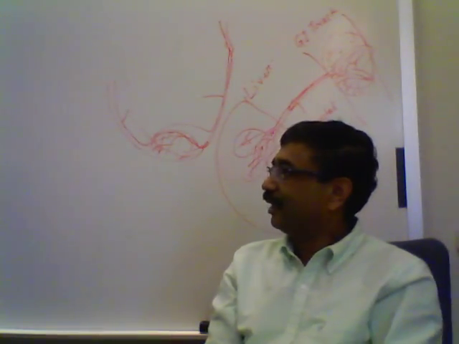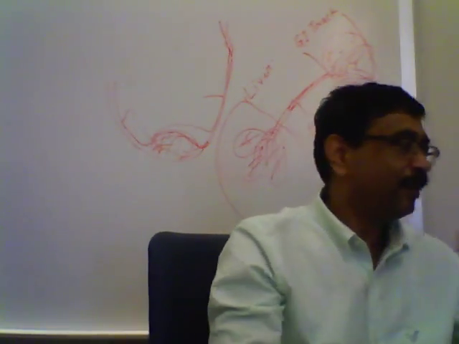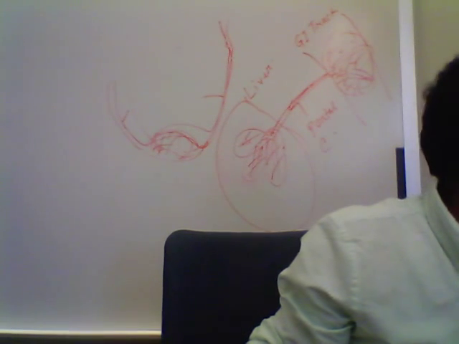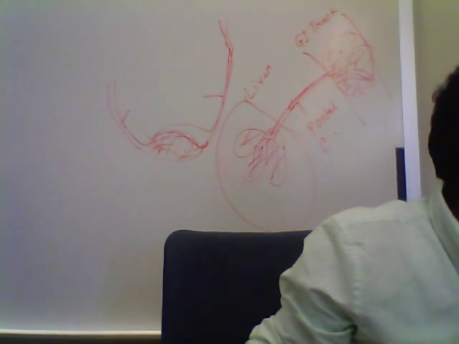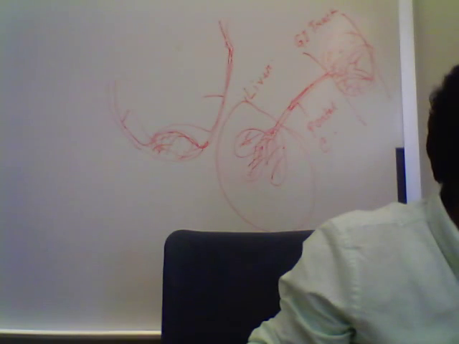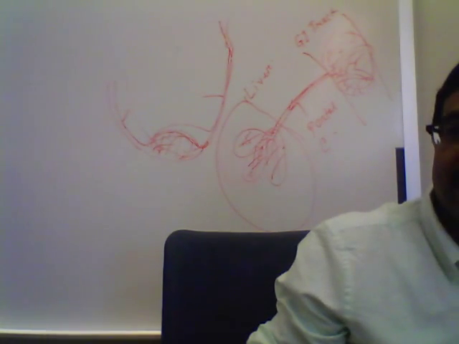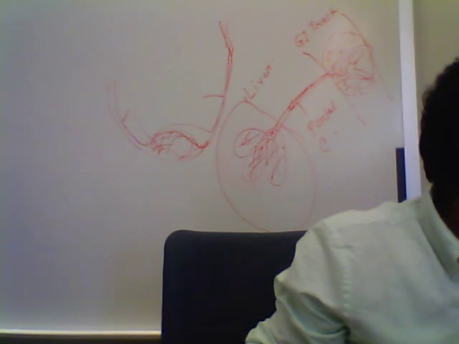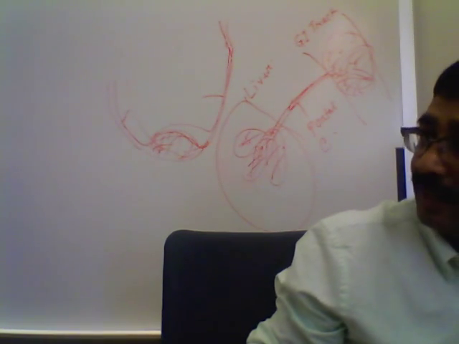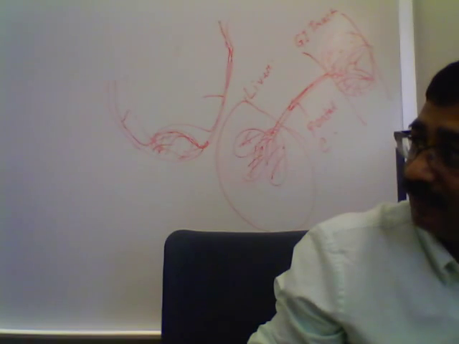Here you see the wall of a fenestrated capillary. You see in between the cells you have clefts like the continuous capillary. But also you see through the squamous cells you have pores.